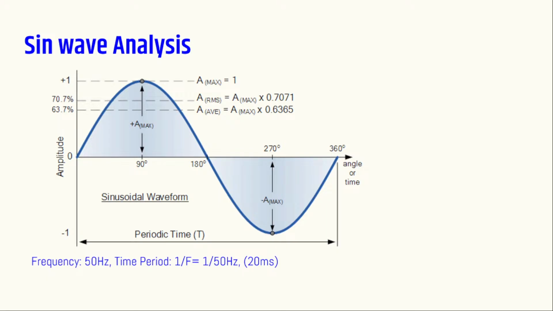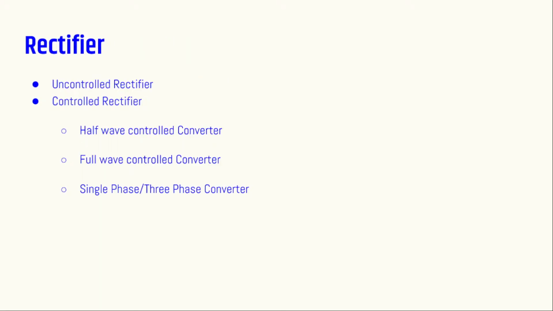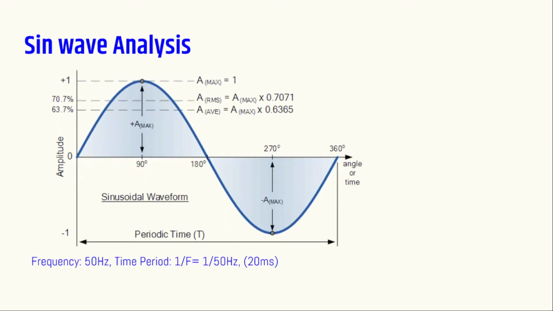If you want to control the voltage, meaning exactly how much DC output you want from the AC input, we have to know the AC sine wave analysis. The sine wave indicates the AC input, and we need to know what range of DC output you want. Here is one cycle, with a positive cycle and a negative cycle.